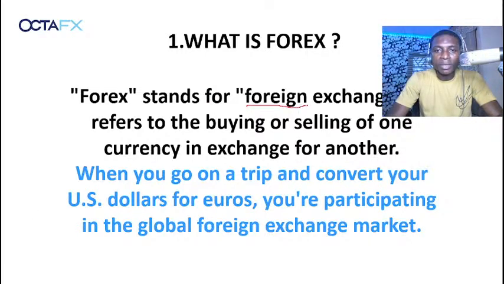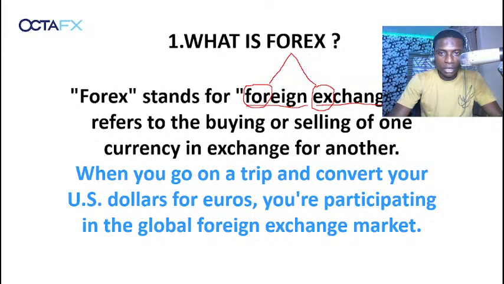Foreign, then exchange. So the first 3 letters were taken, and the first 2 letters were taken. That's how we get what we now have. Forex. Can you get that?